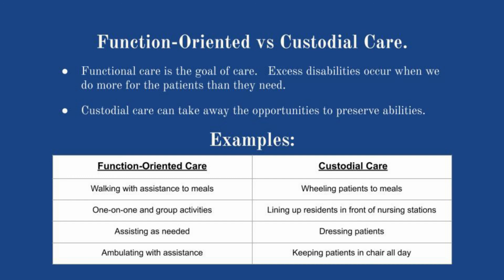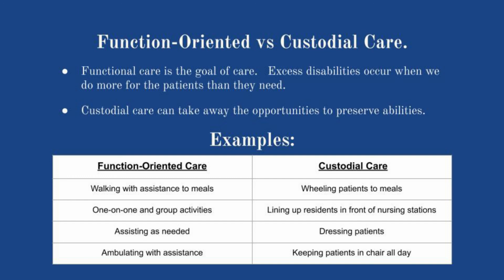So let's look at some examples of function versus custodial care. Function-oriented care would be walking the patient with assistance to meals. Custodial care is just wheeling the patient in the wheelchair to meals. Function-oriented care would be one-on-one and group activities, so keeping them involved.